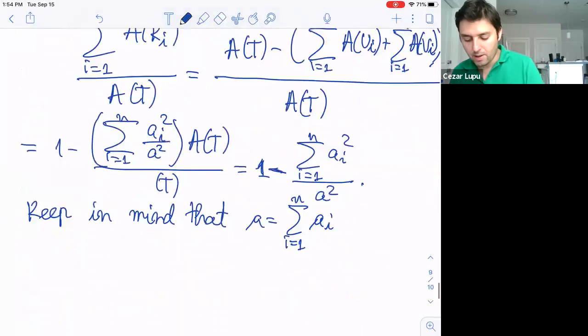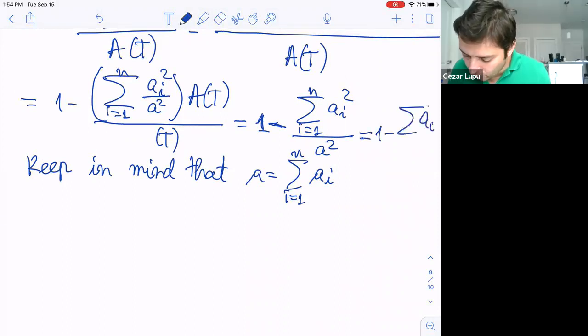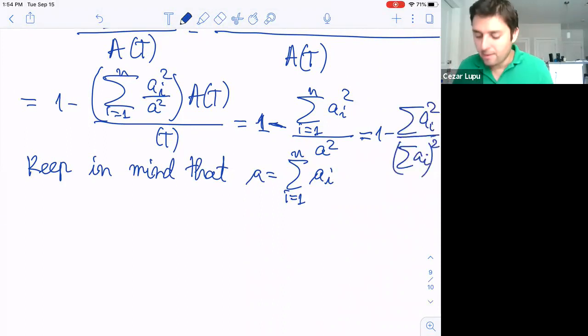All right, that's beautiful. And now guess what? The last thing we need to do at this point, well, this is nothing else than just 1 minus the sum of A_i squared over the sum of A_i everything squared. But does this ring a bell to you?